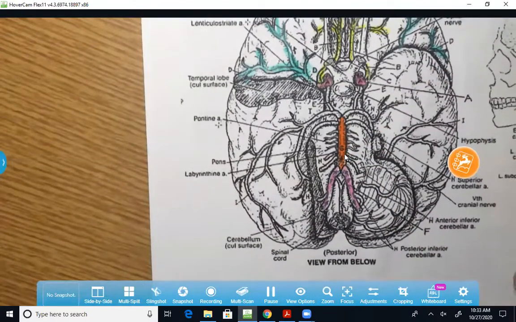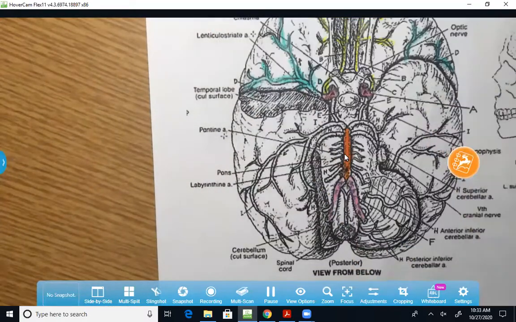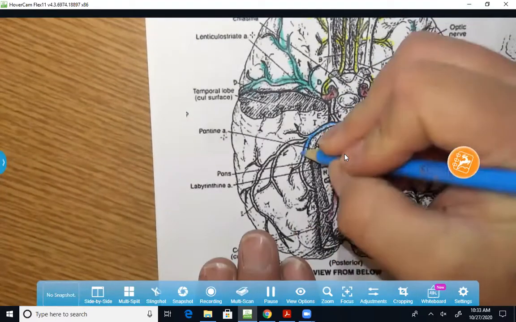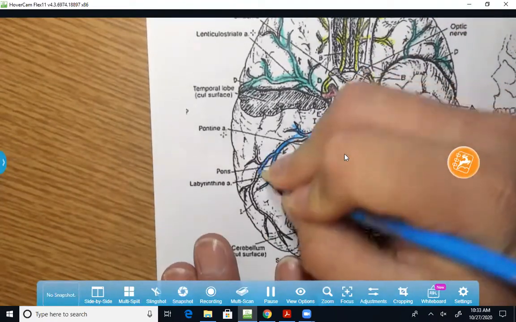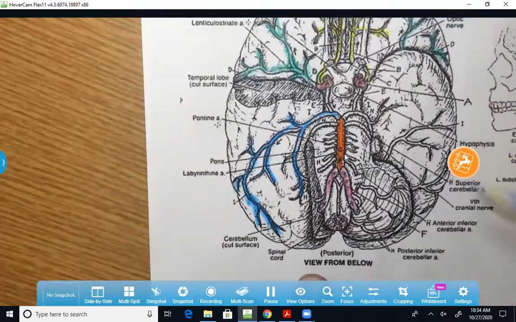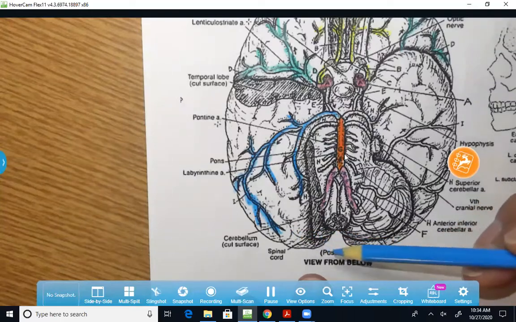This blood vessel that runs up the front side of the pons, letter G, it's called a basilar artery. And then the only one that I want you to know coming off of it is a posterior cerebral artery. We see it really nicely over here on the left side because we've cut away, as you can see, just about half of the cerebellum.